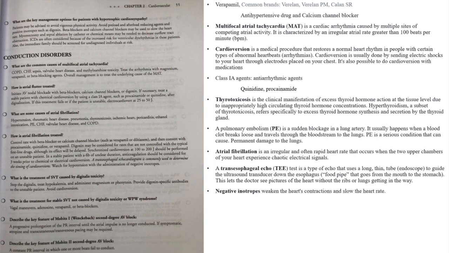Common causes are chronic obstructive pulmonary disorder, congestive heart failure, sepsis, valvular heart disease, and methylxanthine toxicity. Methylxanthines are produced naturally by plants and animals and are used to treat airway obstruction caused by conditions such as asthma.